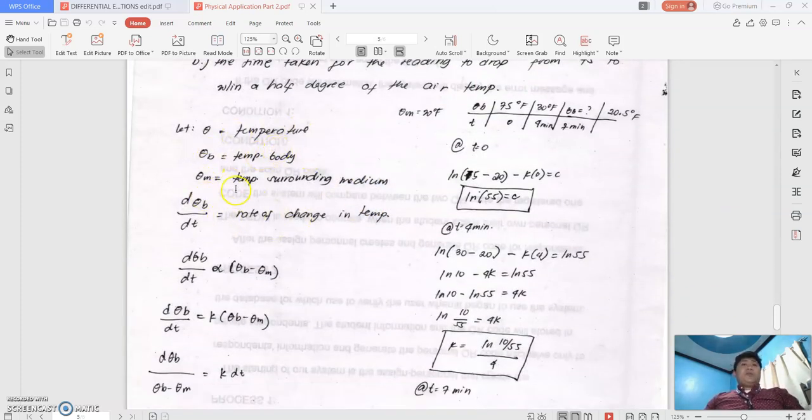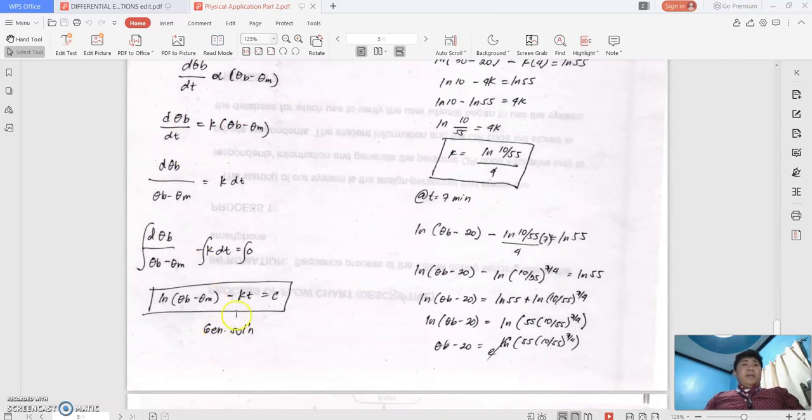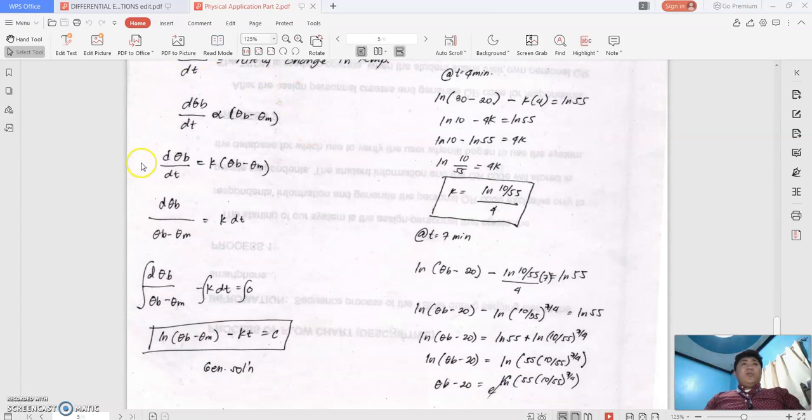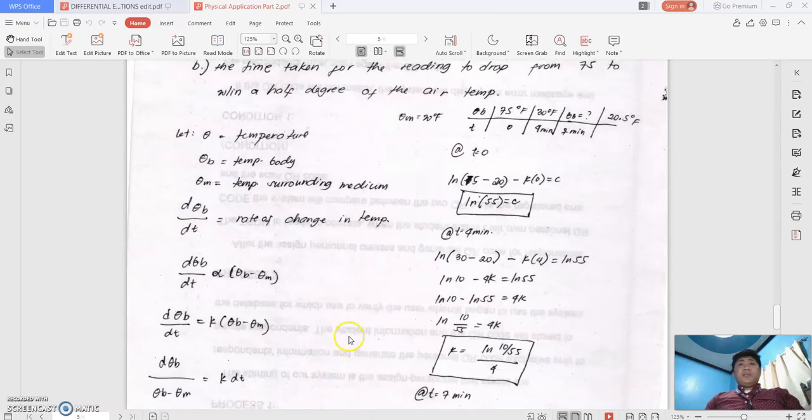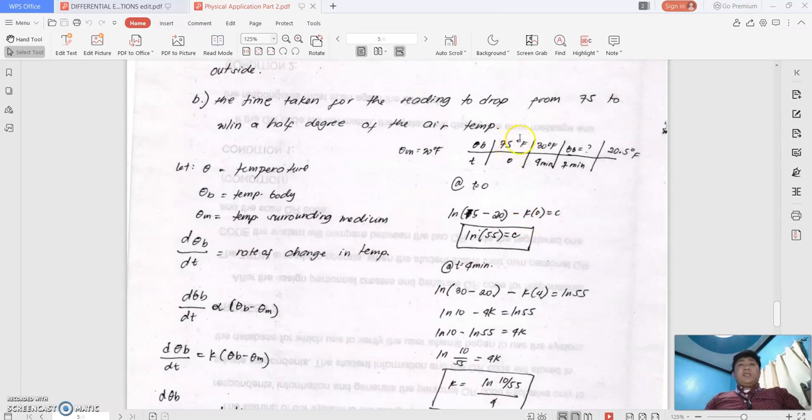So, you have the temperature of the body and the temperature of the medium. Obviously, this is still Newton's law of cooling. I've explained this already, and it is still the same as what we did in the last example. After that, we just plainly substitute. At 0 time the thermometer is at 75 degrees, then it goes outside.